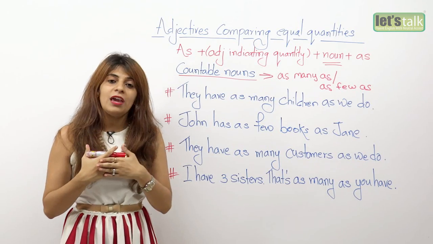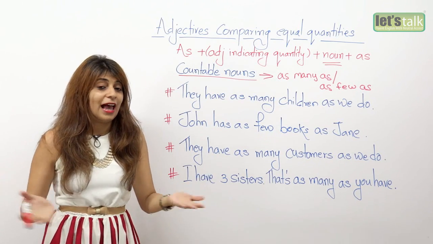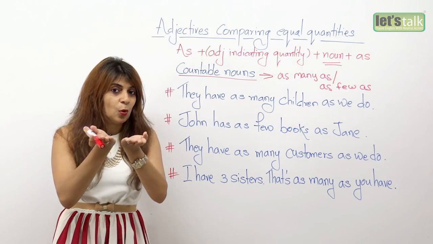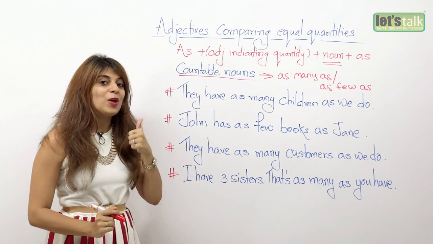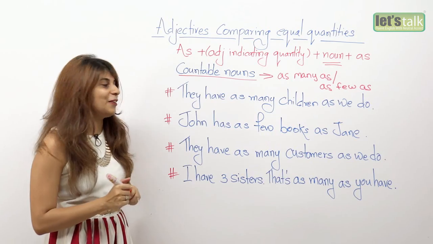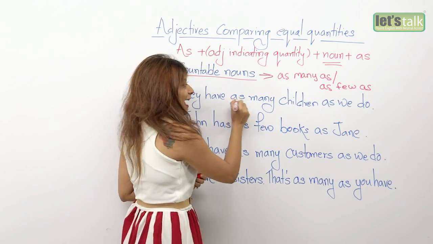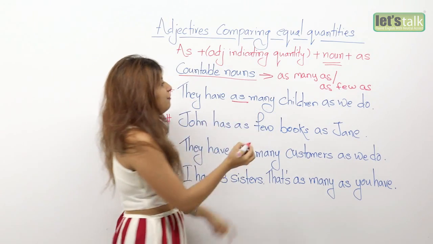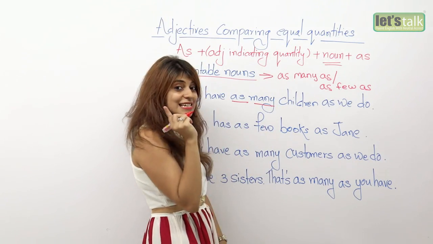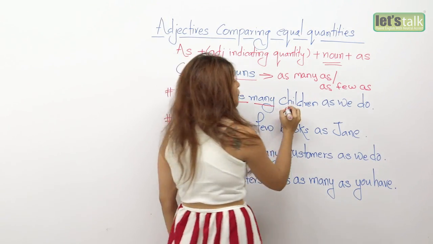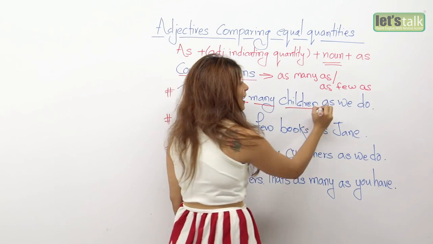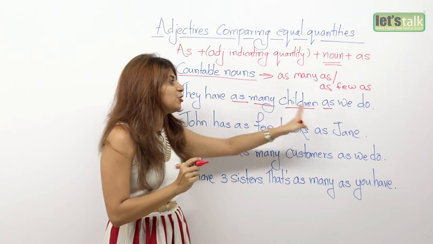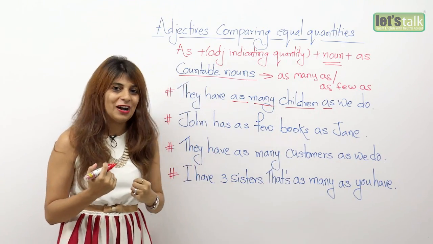Maybe we have 3 children, and guess what? Even they have 3 children. So we are comparing equal quantities, and to do so we are following this pattern. They have as, the word as, followed by the adjective many, that indicates quantity, and then followed by the noun, and again followed by the word as. So they have as many children as we do, right?